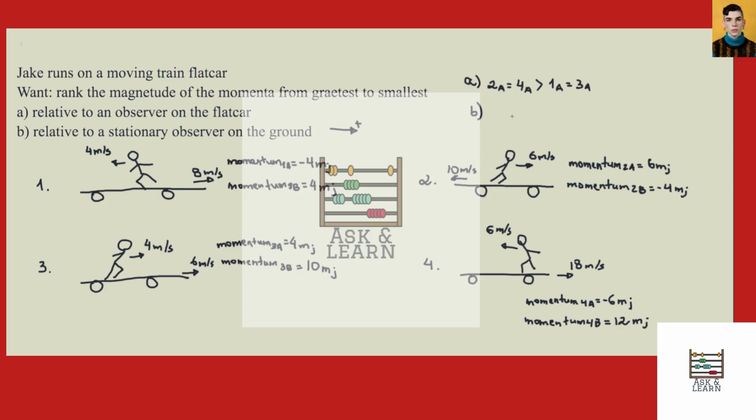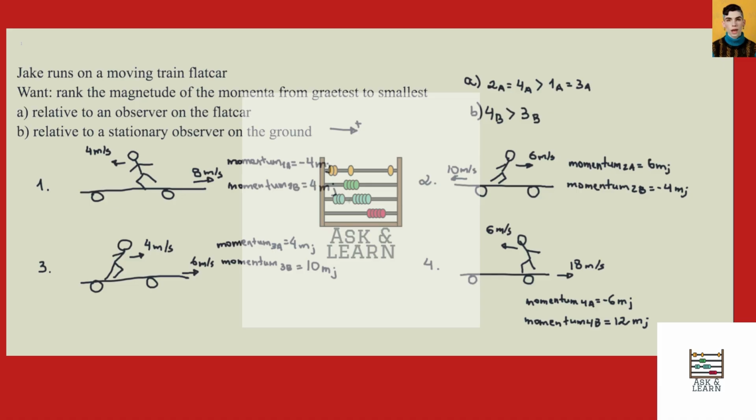Now we're going to write it over here. The biggest momentum that we got is this 12 on part 4B. And then the second one is 10. So 4B is bigger than 3B, which is 10.